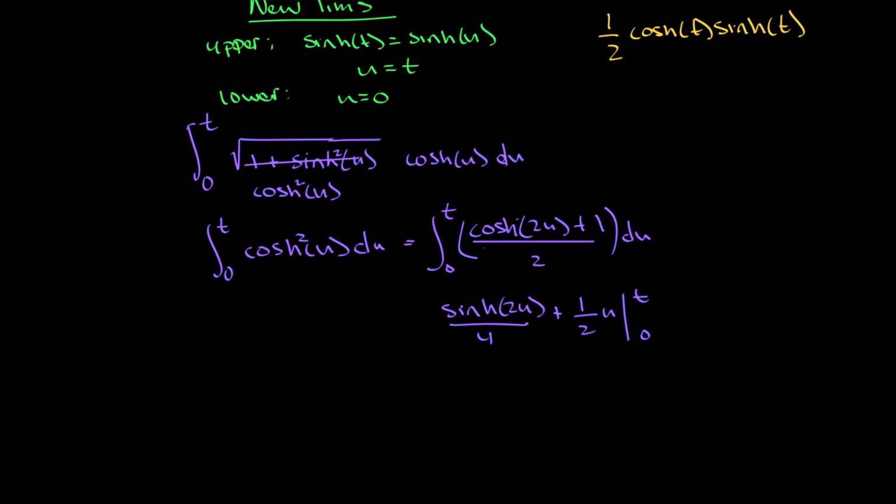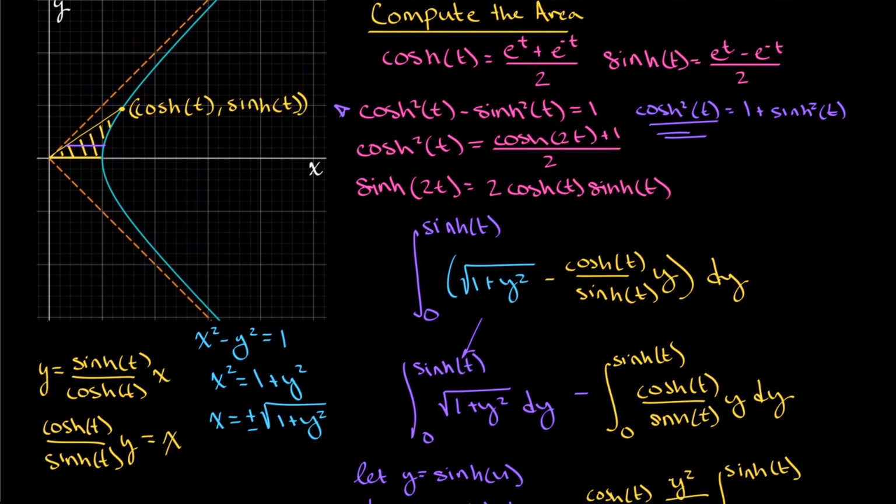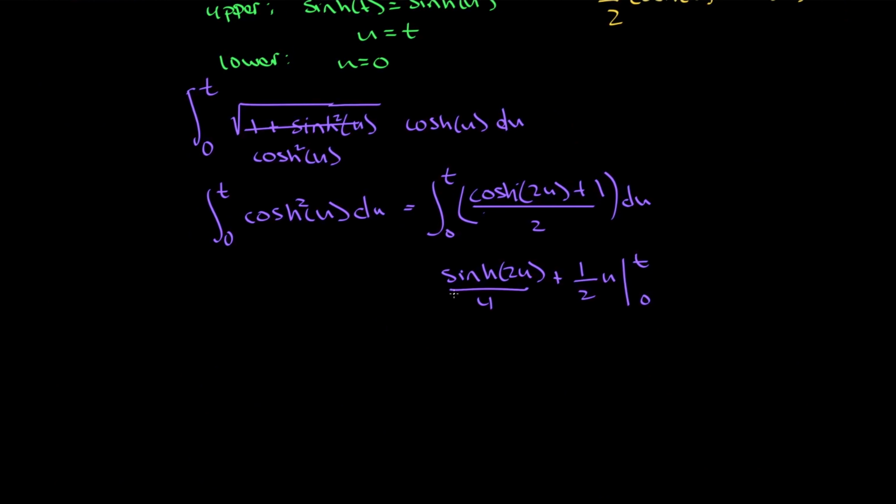I know, we're racking them up. So what is this? If we scroll back up, I told you that sinh of 2t is equal to 2 cosh of t times sinh of t. So let's fill that in. So this here, we're going to write as 2 times sinh of u times cosh of u. So we're going to rewrite it that way, and then we can throw in and evaluate at our limits.